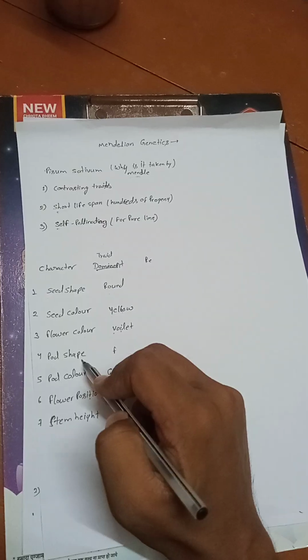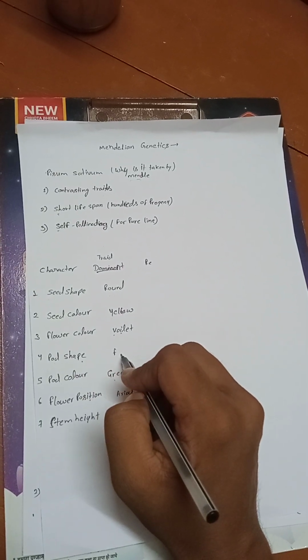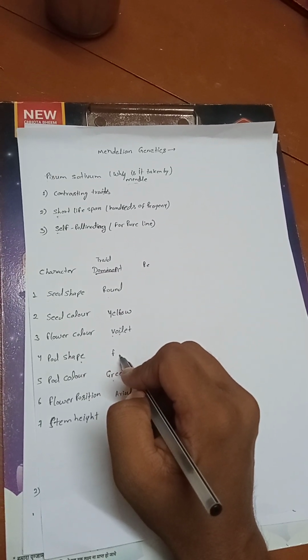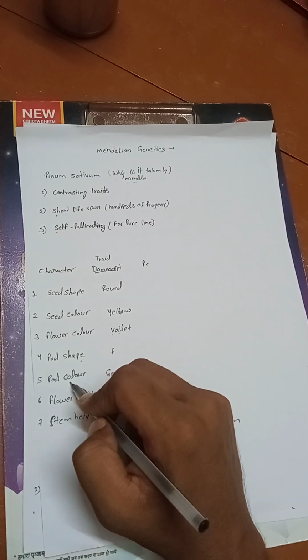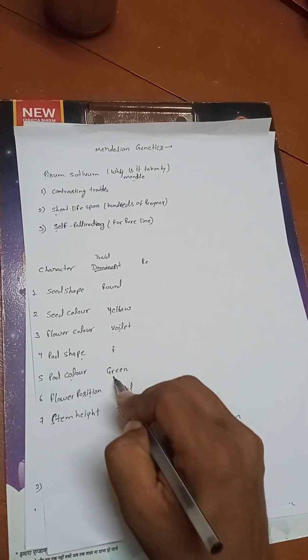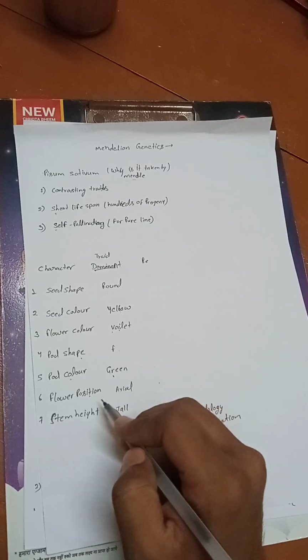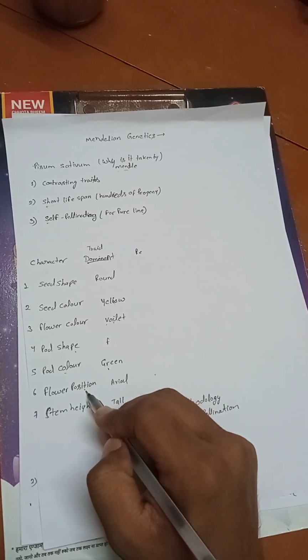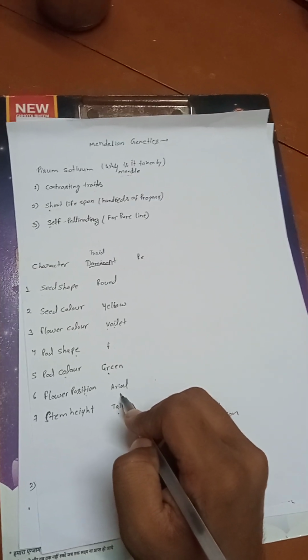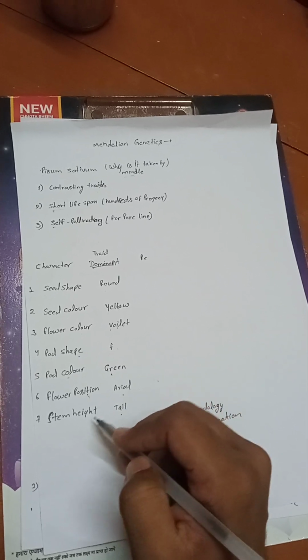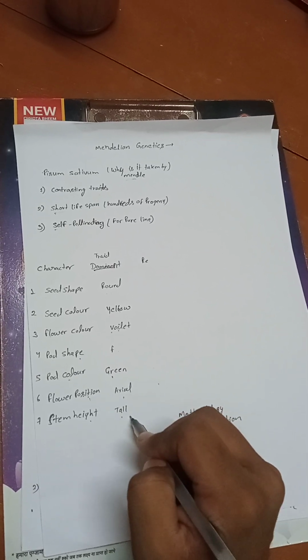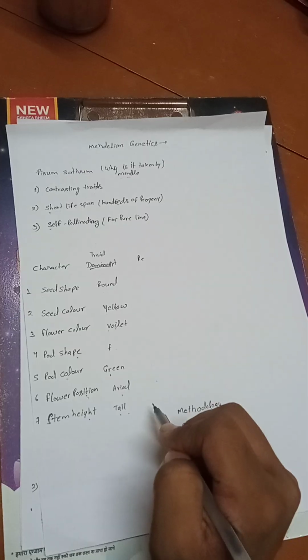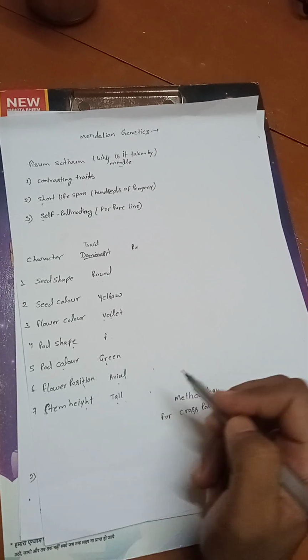For pod shape, inflated is dominant and flaccid is recessive. For pod color, green is dominant and yellow is recessive. For flower position, axial is dominant and terminal is recessive. For stem height, tall is dominant and dwarf is recessive.